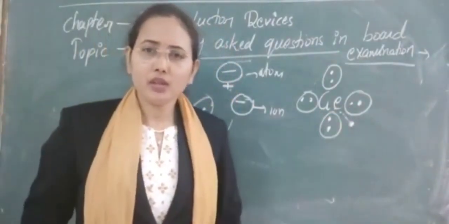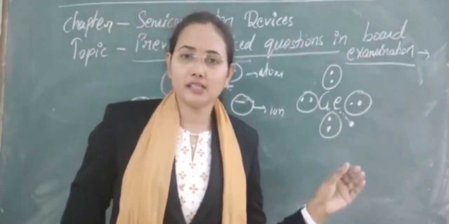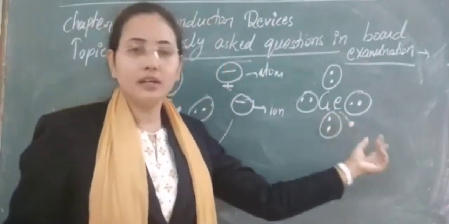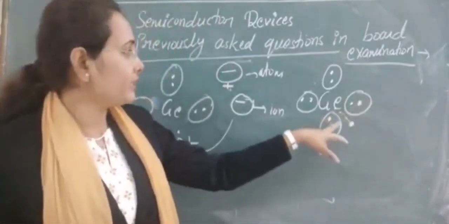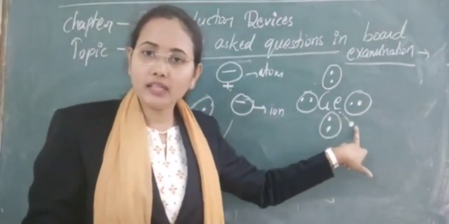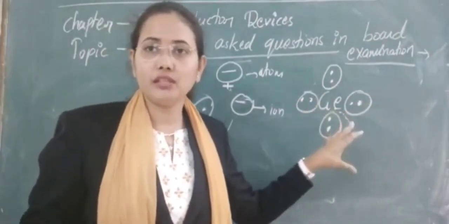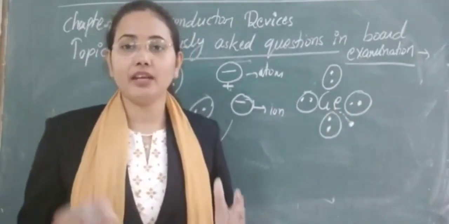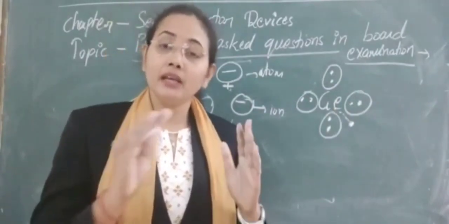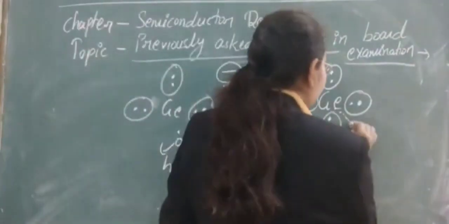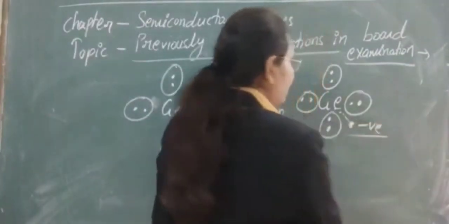Whenever it gets a little amount of energy from outside, it will be free from here. So here we are seeing an extra additional electron, or negative charge carrier, produced in the system due to the doping process, the mixing of a trivalent or pentavalent atom into any fourth group element.